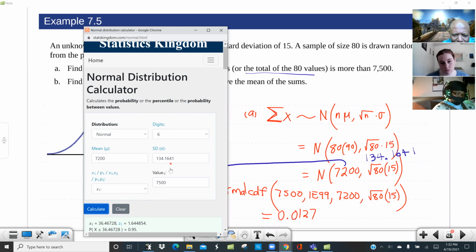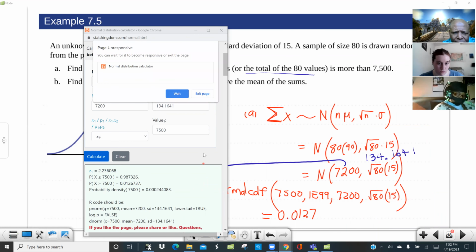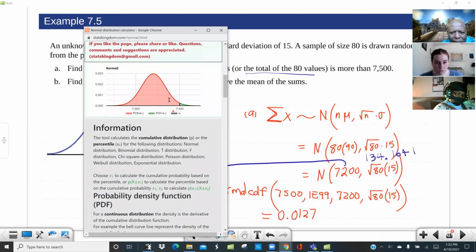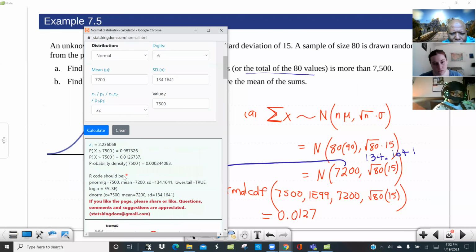It takes a while because these are big numbers. I think we saw this last time, but you have to be patient, wait for it. There it is. So to the right of 7,500 is this second option. Probability X bigger than 7,500 is 0.0127. Okay, so that's the answer right there. And as you can see, the area to the right of that value is a very tiny area, which is given to you in that portion.